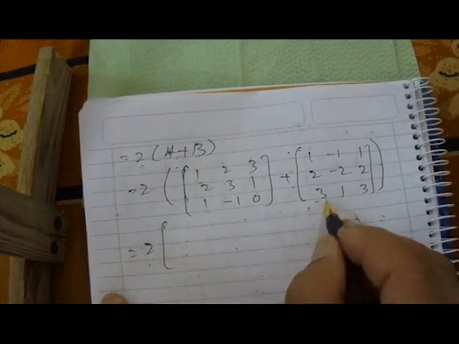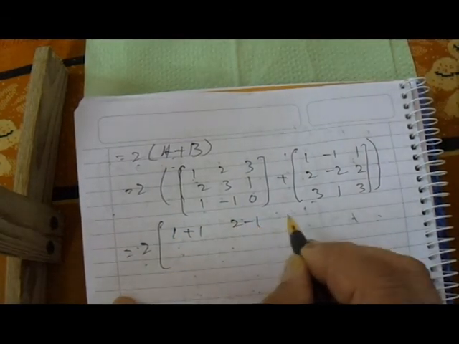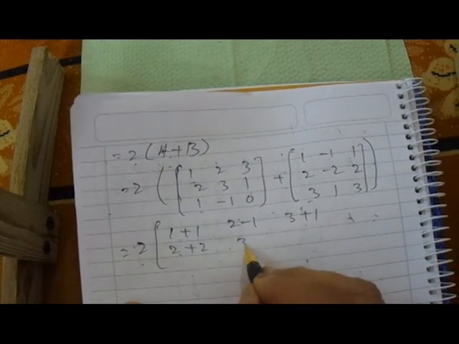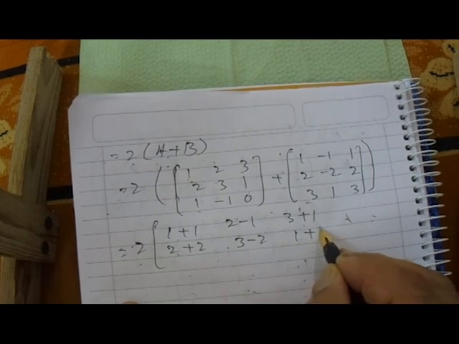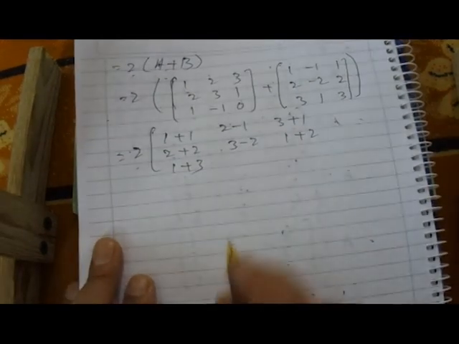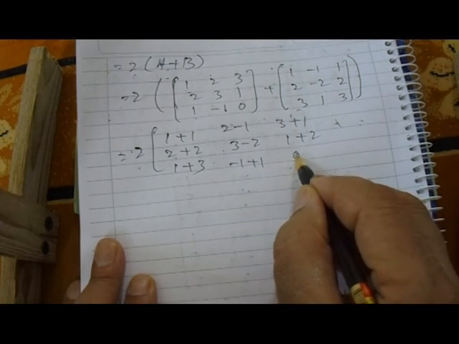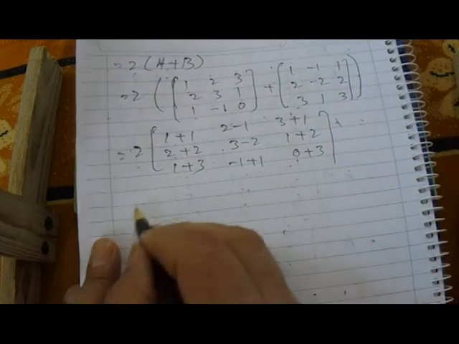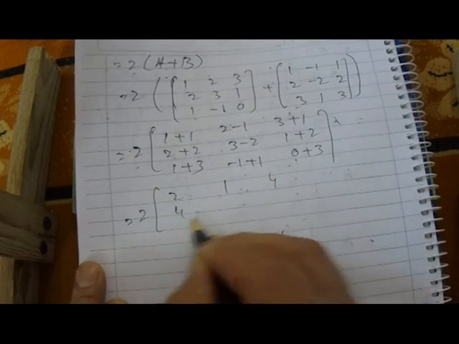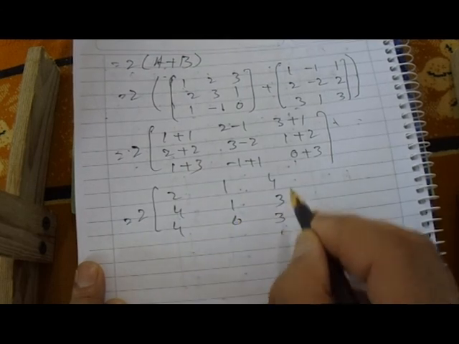I will add these two matrices: 1 plus 1 and 2 minus 1 and 3 plus 1, and 2 plus 2, 3 minus 2 and 1 plus 2. Again 1 plus 3 and minus 1 plus 1 and 0 plus 3. Now again write 2 times 2 1 4, 4 1 3, 4 0 and 3.